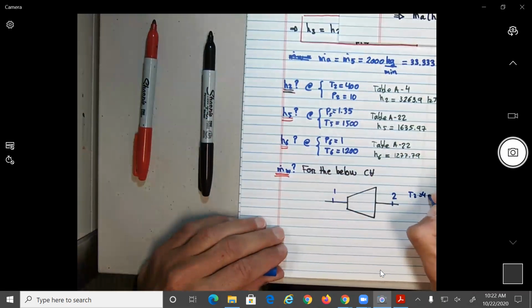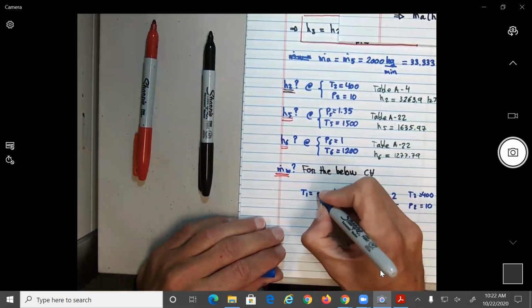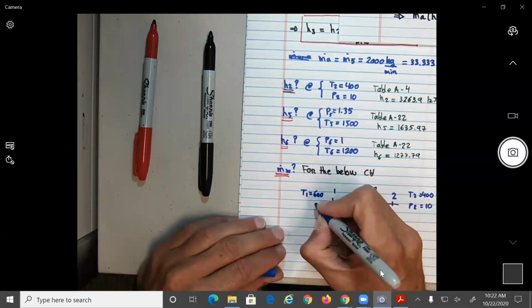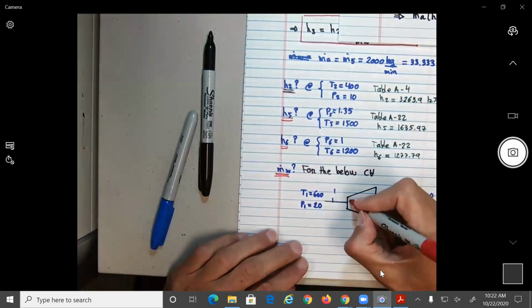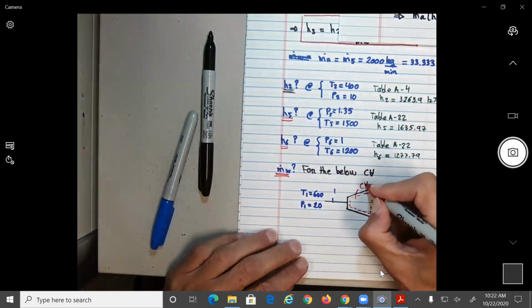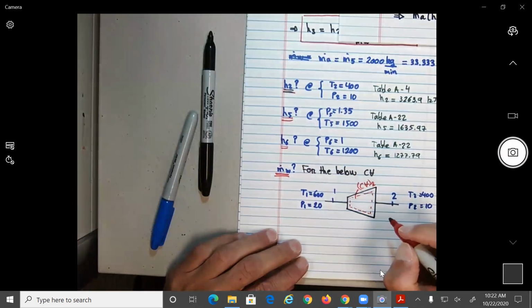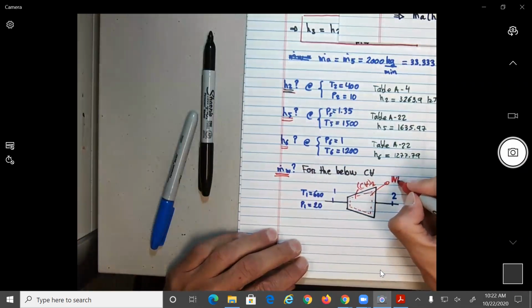T2 equal 400, P2 equal to 10. T1 equal to 600, P1 equal to 20. So for this control volume now, we're going to do the same thing. And we know that this turbine gives a power of 8,000 kilowatts.